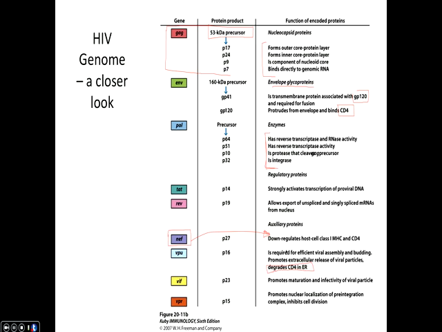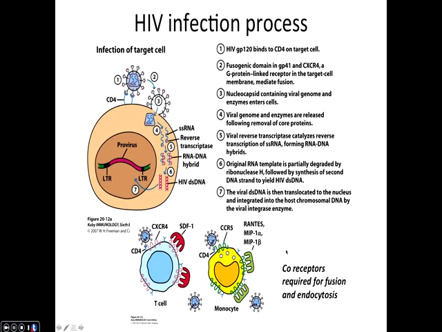So let's look at its integration into the T helper cell life cycle. So here we have a bit of the cartoon showing how HIV infects a target cell. So you have that GP120 and CD4.